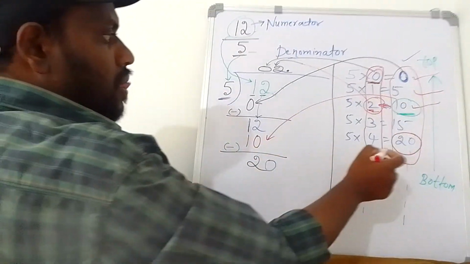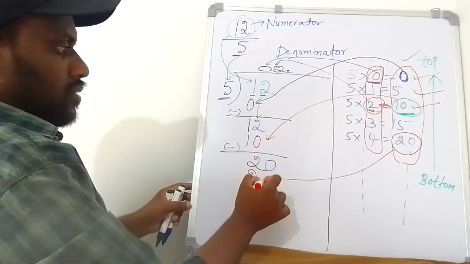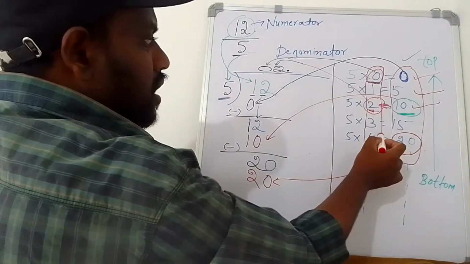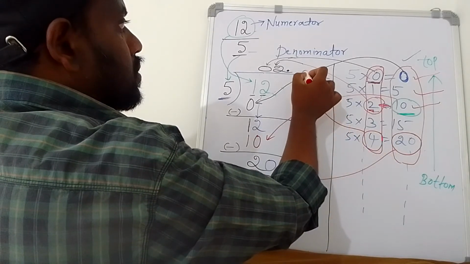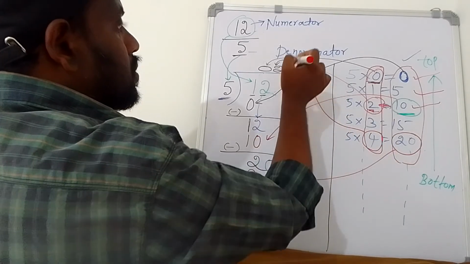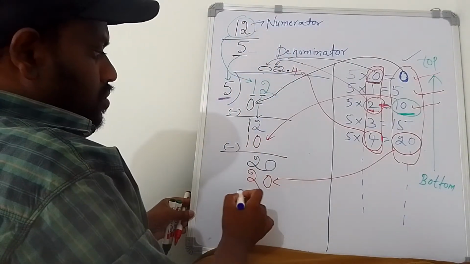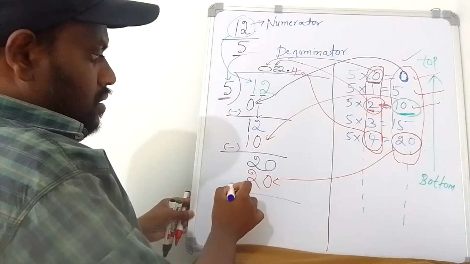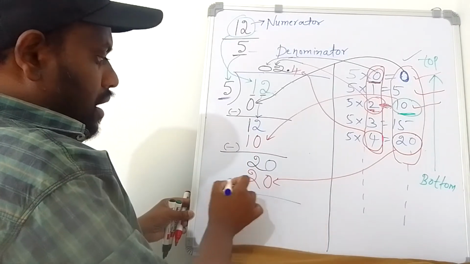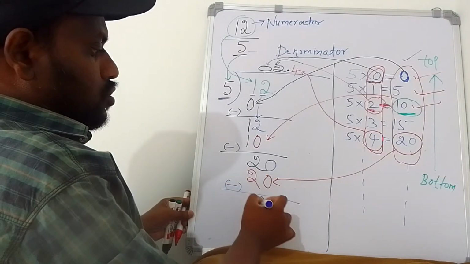So write this 20 here, and this corresponding 4 you have to write here. Now, like your subtraction, put a line, minus, 20 minus 20 is 0.